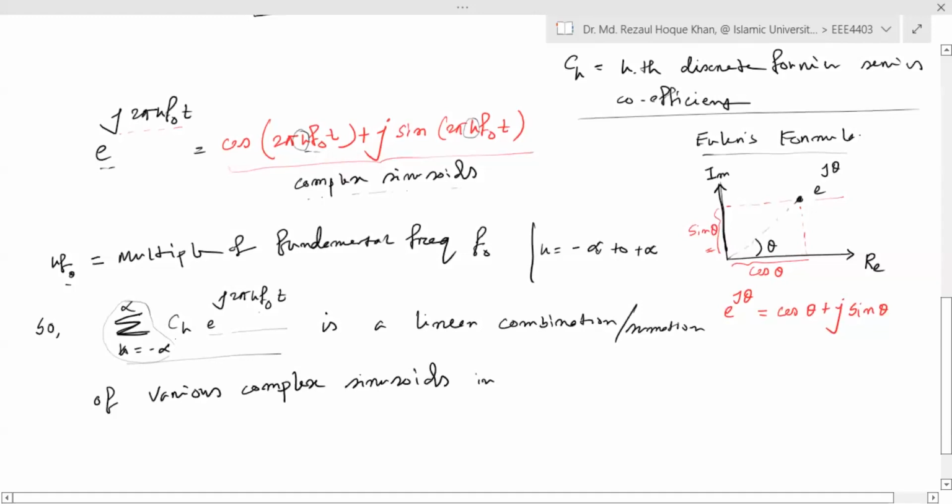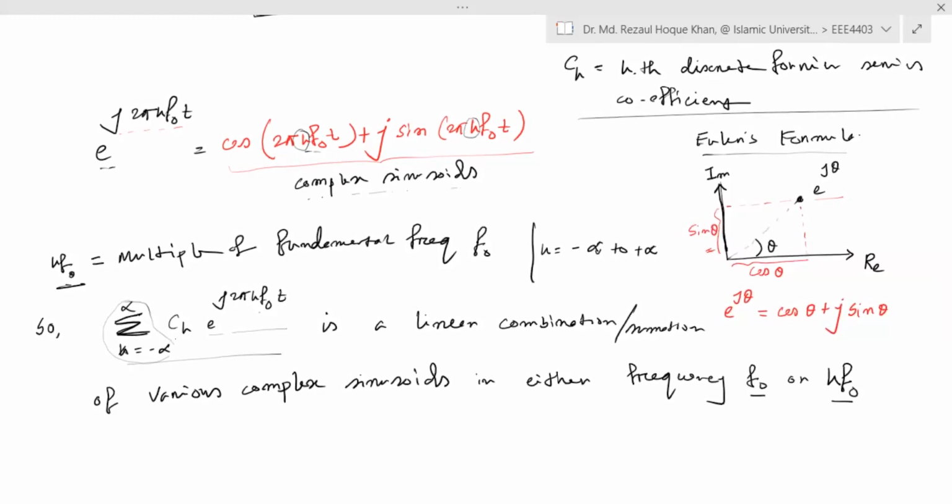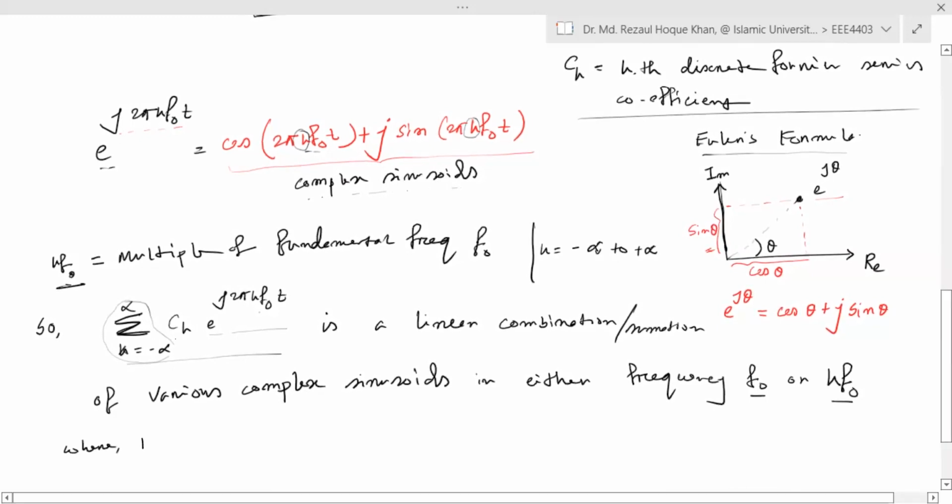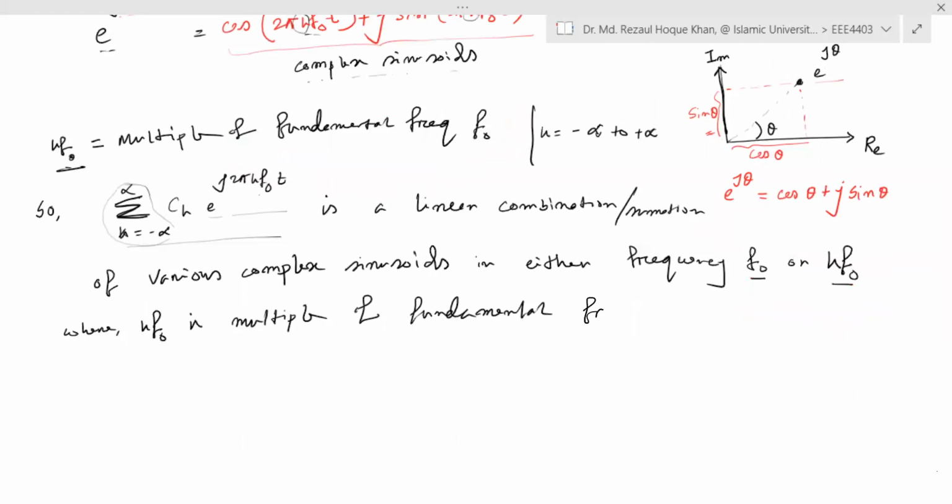In either frequency f0 or kf0. Either it's the fundamental or a multiple of the fundamental frequency, kf0, where kf0 is a multiple of the fundamental frequency f0.